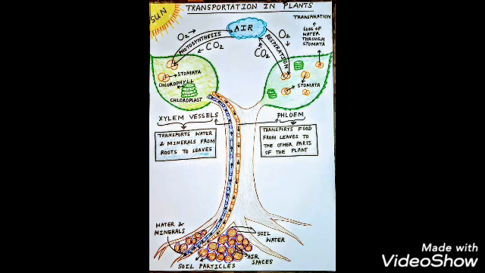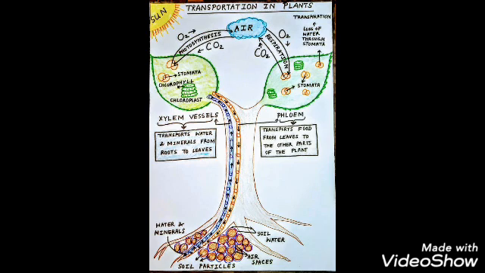Similarly, we have already discussed that water and minerals get transported from the roots to the leaves through a set of tubes called xylem, and the food gets transported from leaves to the roots and other parts that don't make food, which are non-green, by another set of tubes called phloem.